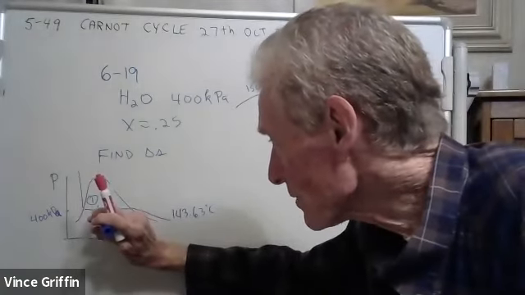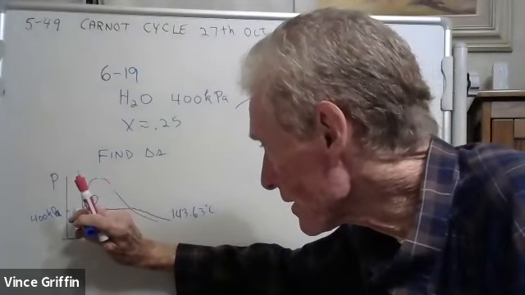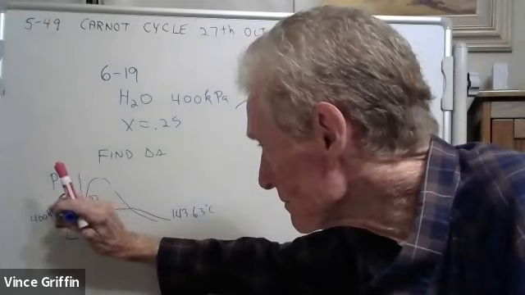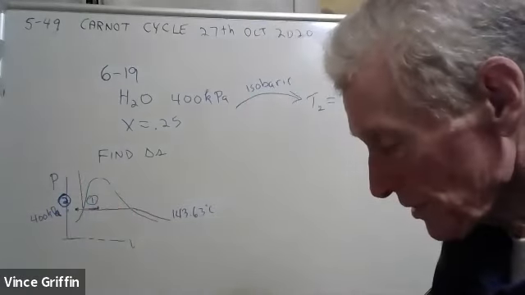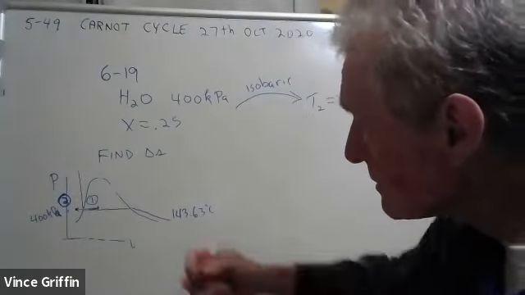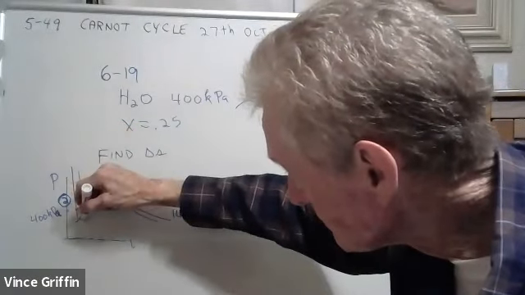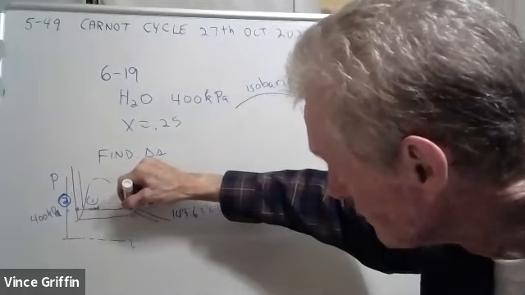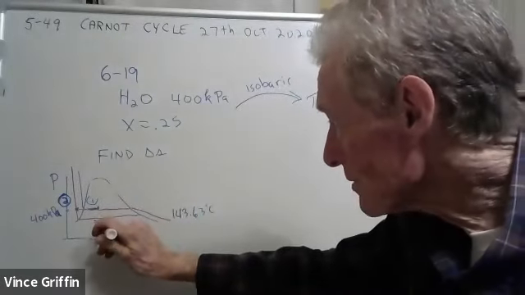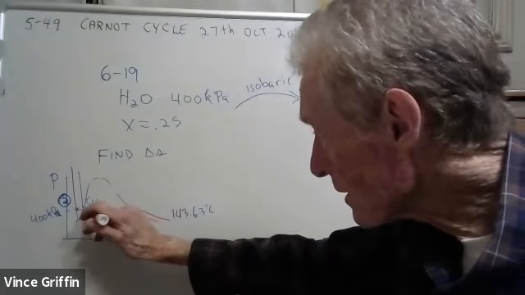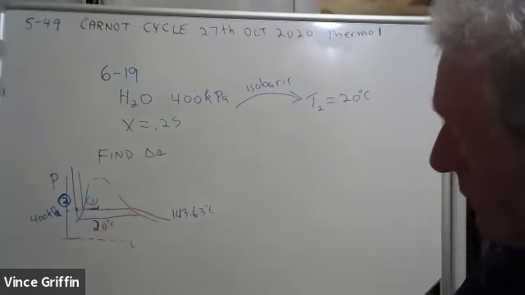See, aren't we going to have to go from 1 to 2 like this? 20 degrees Celsius is colder, right? We're gonna have to do that. Okay.